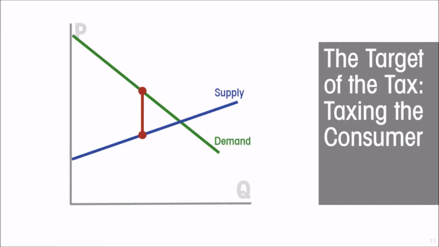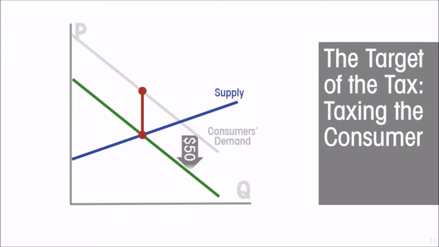Now let's take that same market and instead levy a value-added tax, a consumption tax on the consumer. The consumer's willingness to pay for each quantity remains unchanged. But what market participants receive is going to be $50 less.